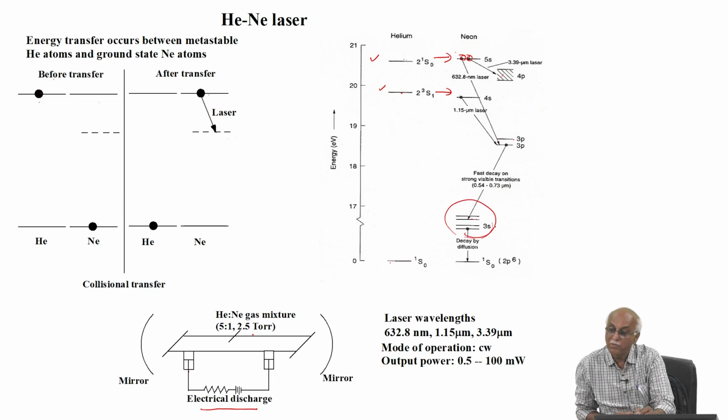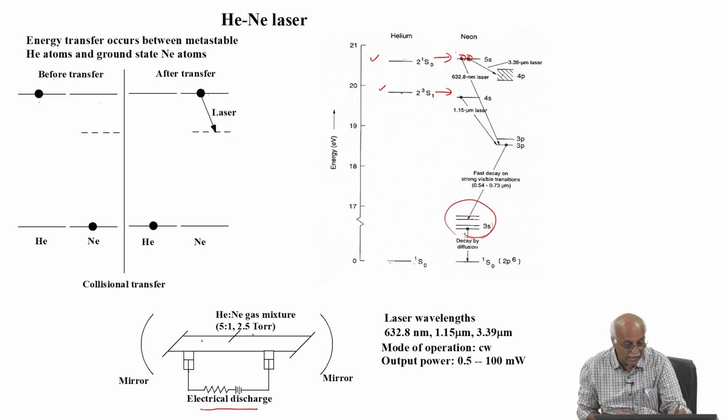The lifetime is quite long. It is very near the ground level, but slightly above. So, the population inversion over here does not allow very high pump power to be used, and we have to bring this back to the ground level.